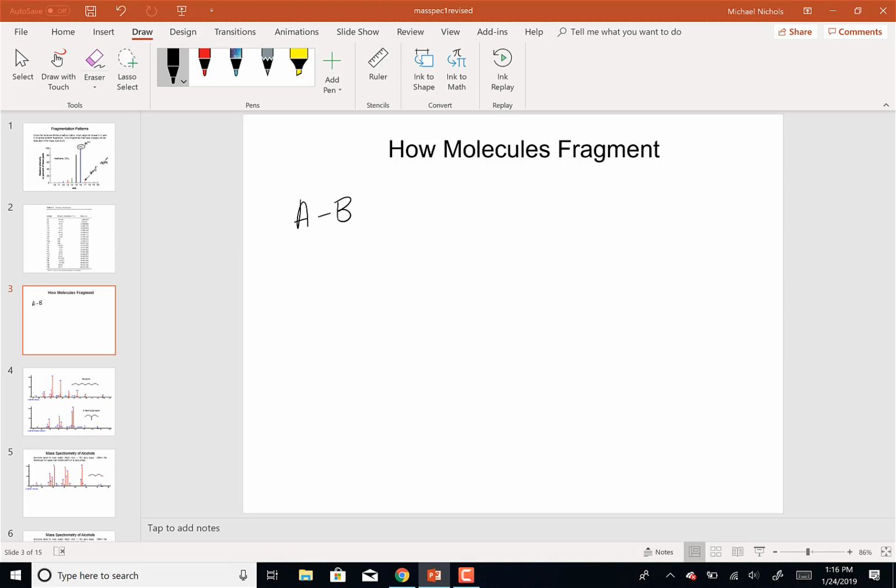It's going to fragment into two parts, part A and part B. The way the molecule fragments is so that one part is a radical and the other part is a carbocation.